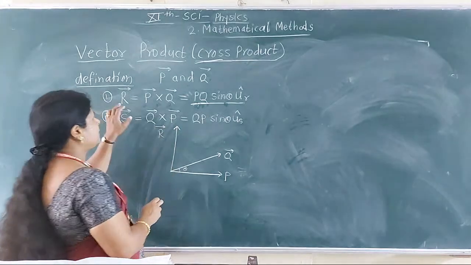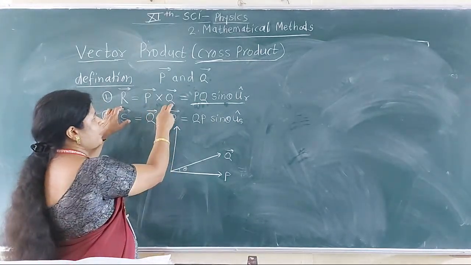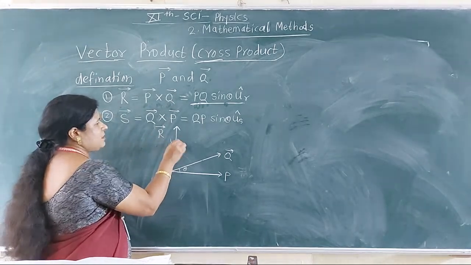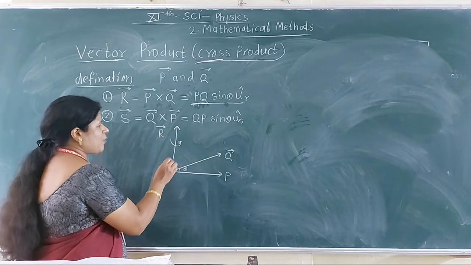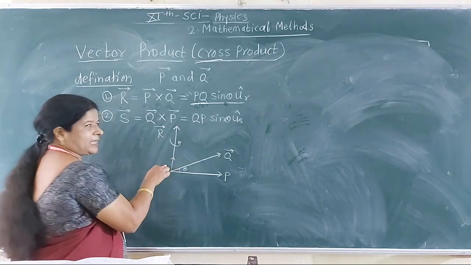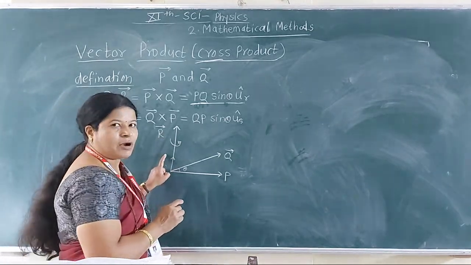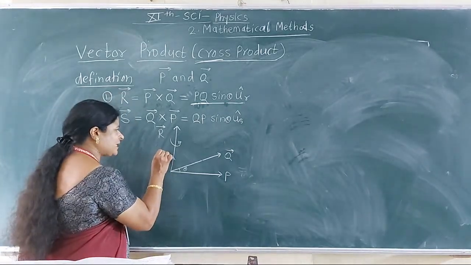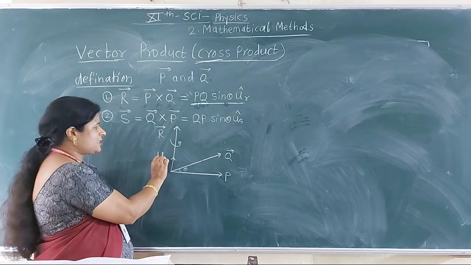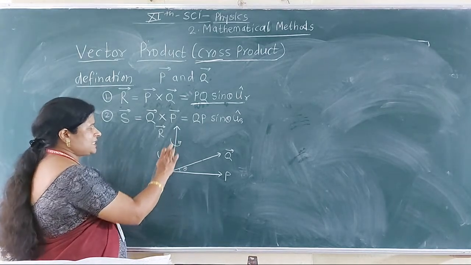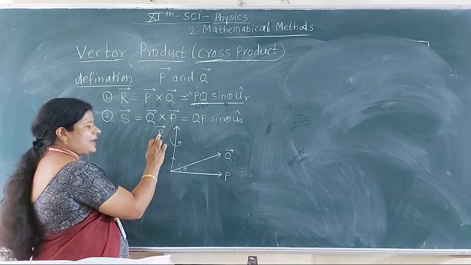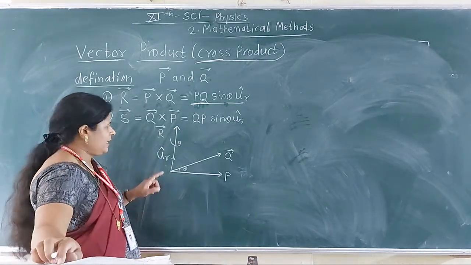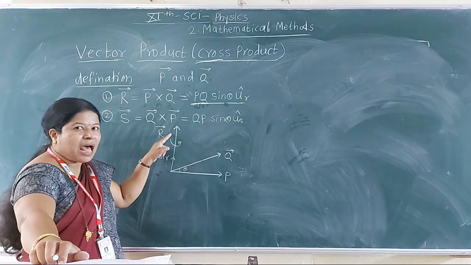Vector product, that means a resultant of these two vectors, is shown by vector r, and this vector product has a unit vector. We know that we represent a unit vector by the small letter u, and this is the resultant r. Therefore we write here u cap r, in the direction of r.